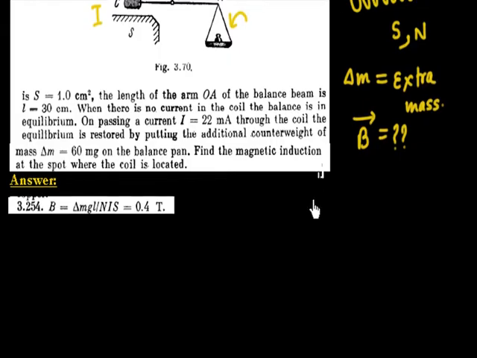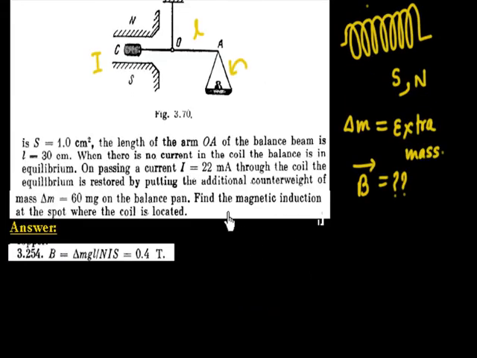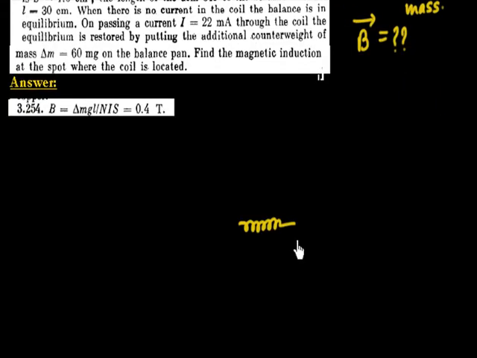So let me explain this problem. On one end you have a solenoid, and this solenoid is fixed to the balance on one side. It is connected by a rod, and on the other side you have a weight connected.